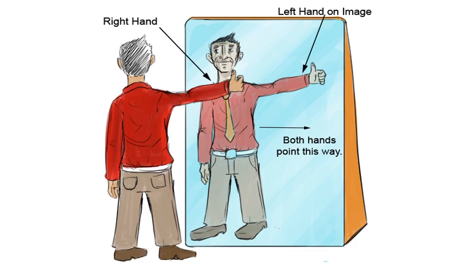This phenomenon where right appears left or left appears to be right is termed as lateral inversion. You can try this by looking at yourself in a mirror and doing all these activities with your body and checking the image which is reflecting on the mirror. How does it behave?